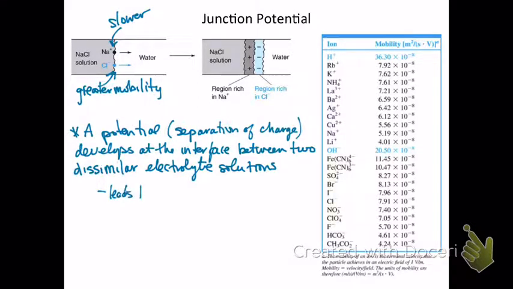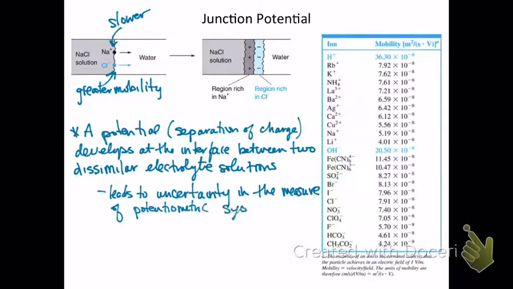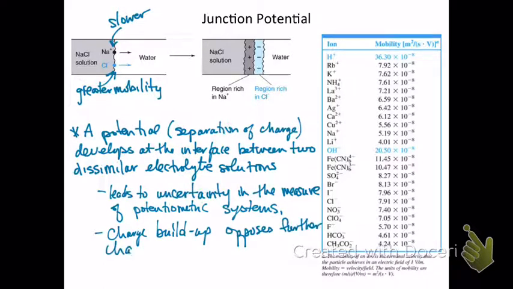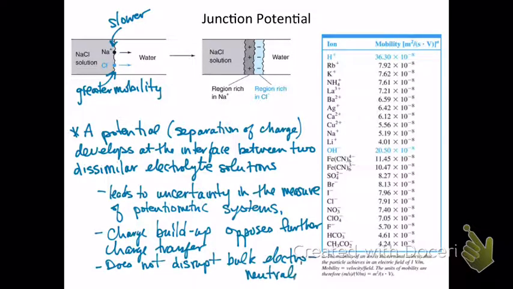Across that boundary, because some ions will move faster than others, in this case we have the greater mobility of chloride and the lower mobility of the sodium, we'll build up a partial negative charge on the right and a partial positive charge on the left. Those charges and their separation are really the basic definition of a potential.